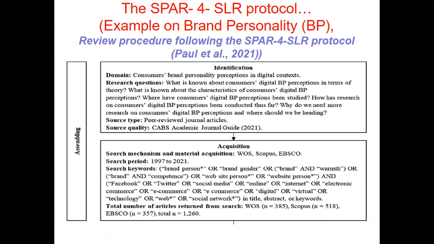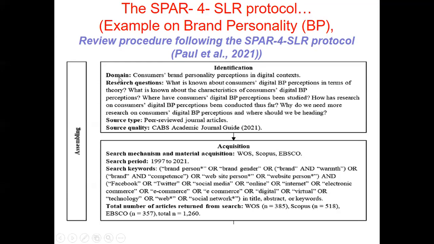This is an example of a specific output within an article, in which these people, Paul et al. 2021, were studying brand personality, and therefore in their reporting, they had to report based on this SPAR-4-SLR.